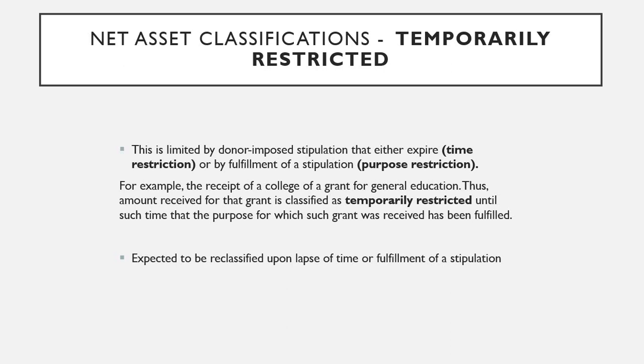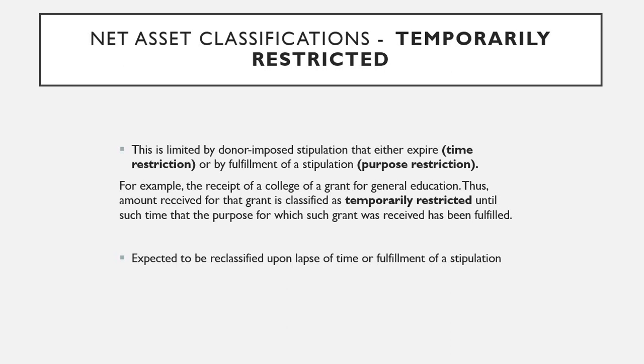In that case, the contributed resource has a time restriction. When the time stipulated by the donor expires, it can be transferred from temporarily restricted to unrestricted net asset. Or the stipulation may be based on purpose.